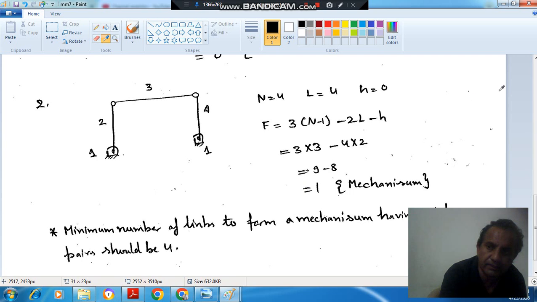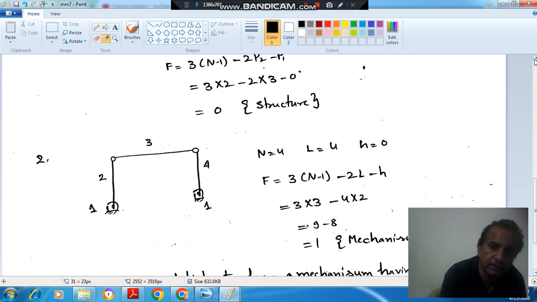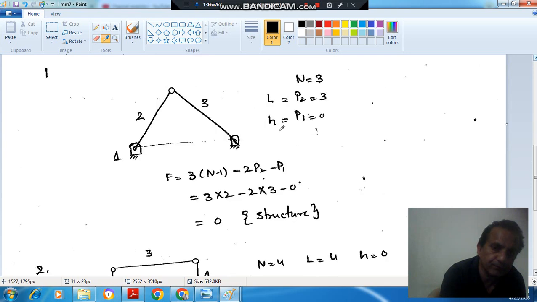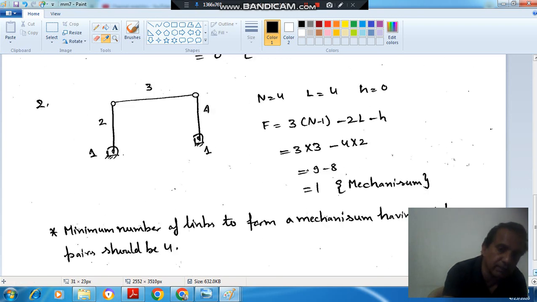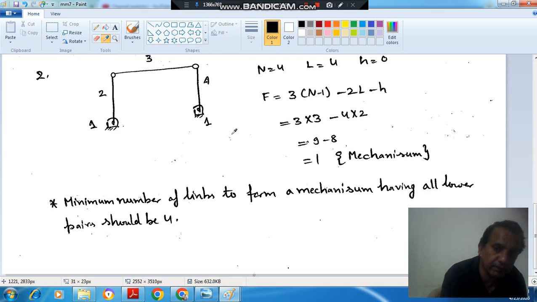So here we can see that with 3 links we don't have 1 degree of freedom, we have 0 degree of freedom, so it is not a mechanism. But if we take 4 links, then it is a mechanism, because the degree of freedom is 1.